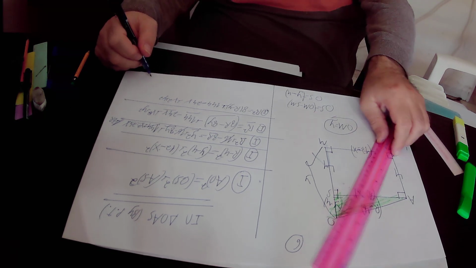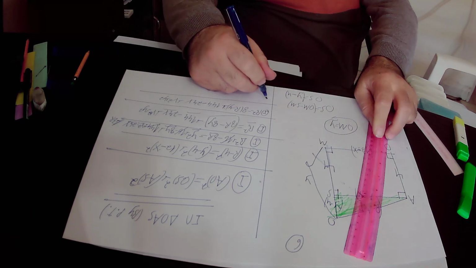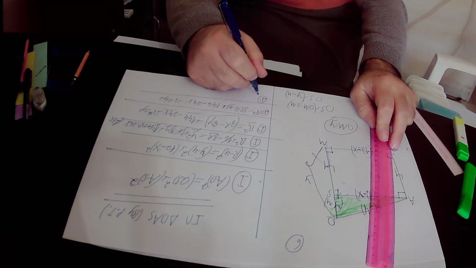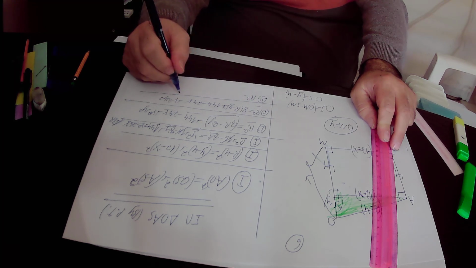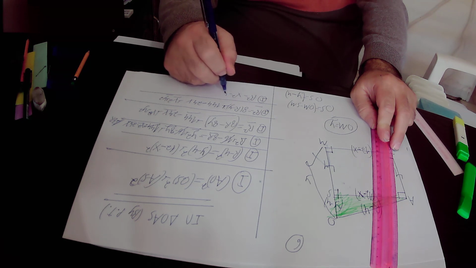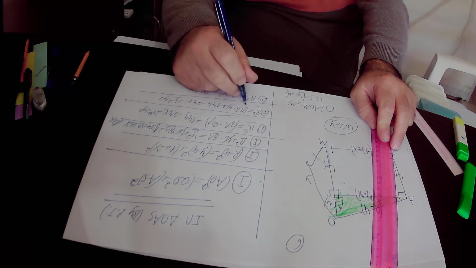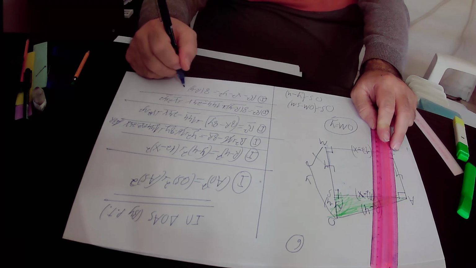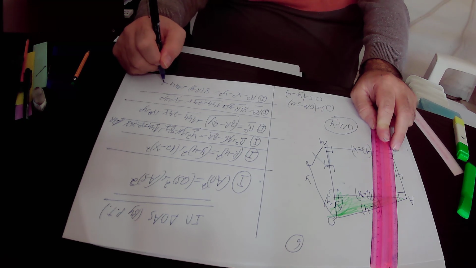We subtract X squared and Y squared from this equation, equation number 1, and we will get that R squared minus X squared minus Y squared is equal to 8 times (R minus Y) plus 144 minus 24X.